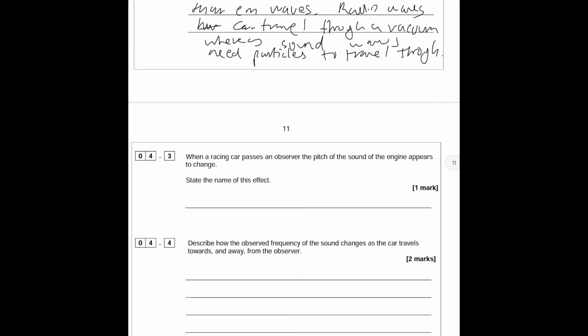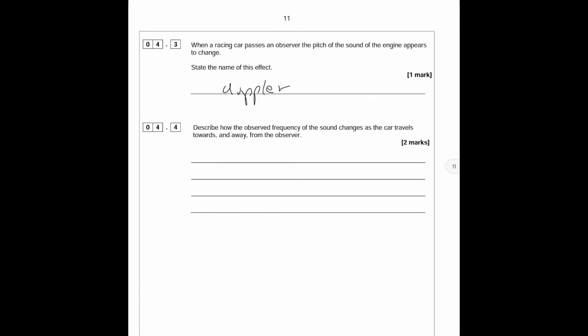When a racing car passes an observer, the pitch of the sound of the engine appears to change. State the name of this effect. It's called the Doppler effect. This is some content learning as well. Describe how the observed frequency of the sound changes as the car travels towards and away from the observer. So how this works is, as the car moves closer to the observer, the frequency of the sound increases.